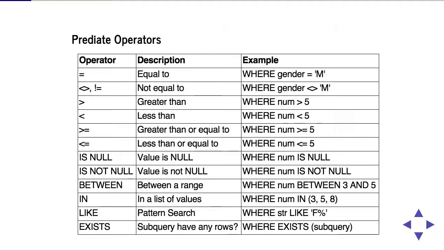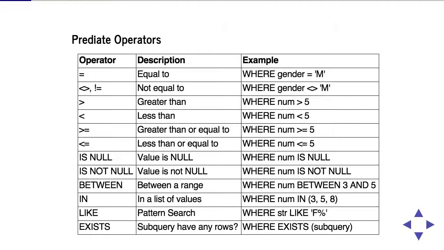In our where clause, we could have any kind of predicate. We could check for equality, not equality, greater than, equal to. You can even check to see if it's null. Remember, make sure that you're checking is null, not equal to null, because nothing is ever equal to null. It just is null or is not null. We could also check if something is in between a range, or if a column is in a set of values. The nice thing about this is we could also use a subquery in our in clause, which we'll go into later.